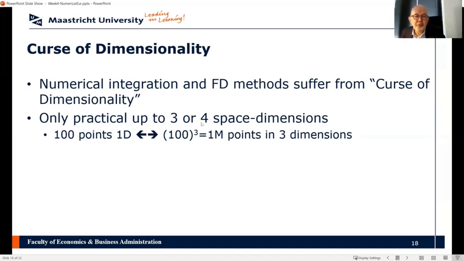If I go to the 4th space dimension, I'm jumping up from 1 million points to 100 million points. So the number of evaluations and the number of grid points that you have to do basically explodes exponentially with the number of dimensions that you are tracking. So for practical implementations, numerical integration and finite difference methods work best for low dimensional problems with, let's say, 3 or 4 space dimensions at most.